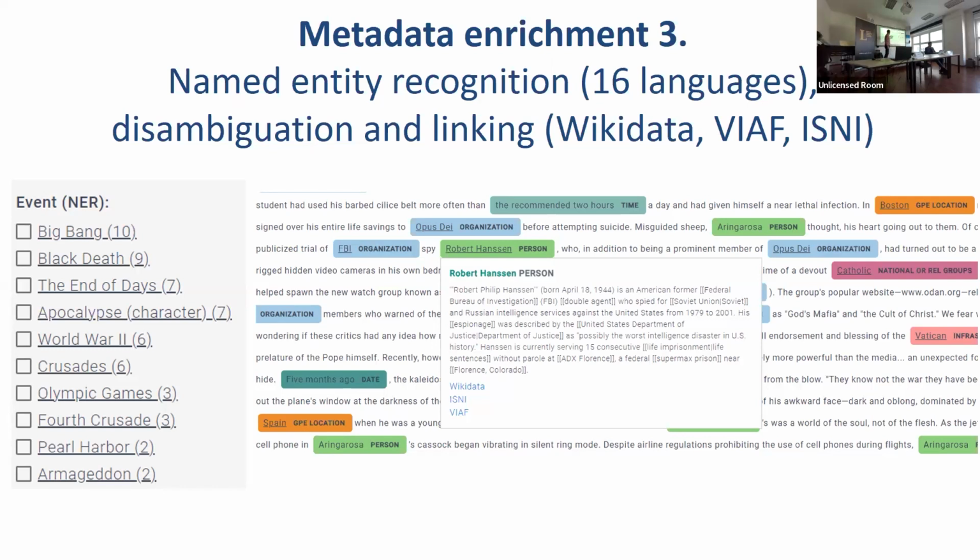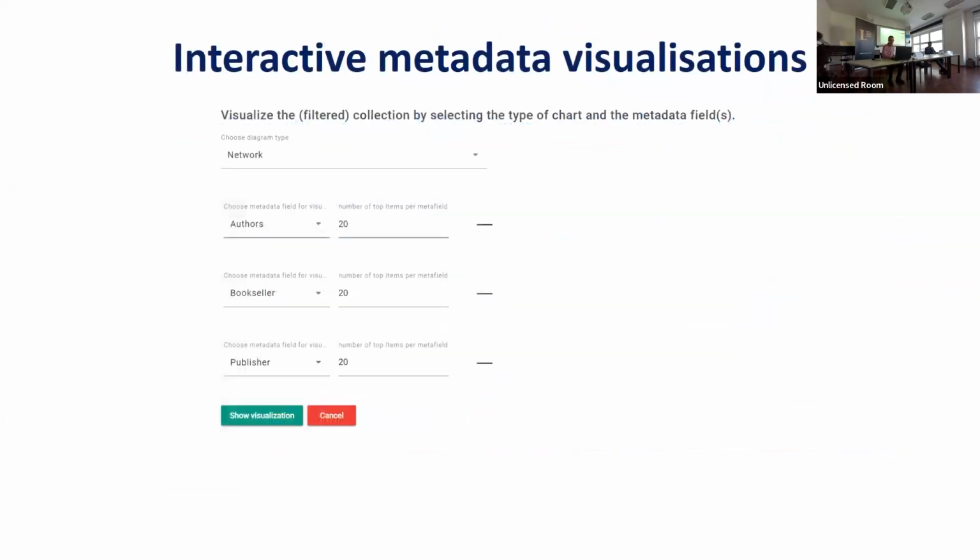If you click on one entity, you will have the shortened version of the Wikidata entry, but you can also click the BIOS as well. And we combined it with the metadata filtering. Again, this is the event facet. And if you click on, let's say, Black Death, the Wikidata entry for Black Death would come up. So we enrich this data in this way as well.